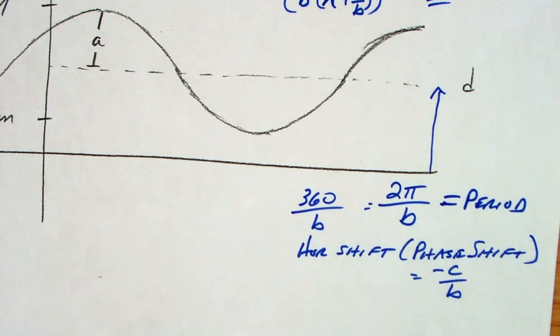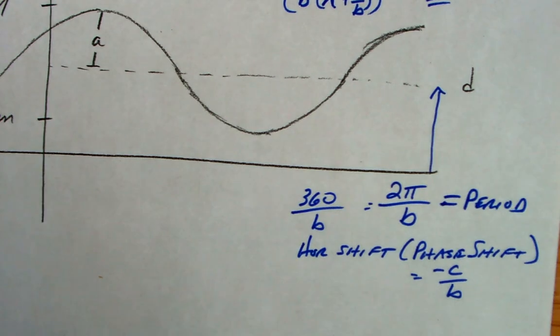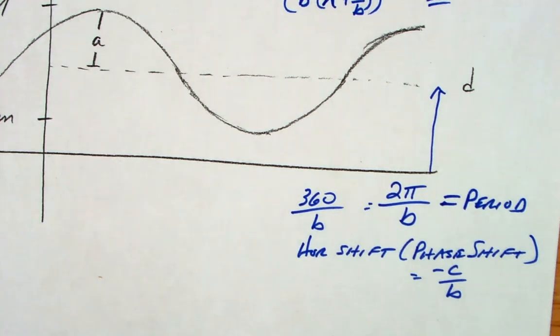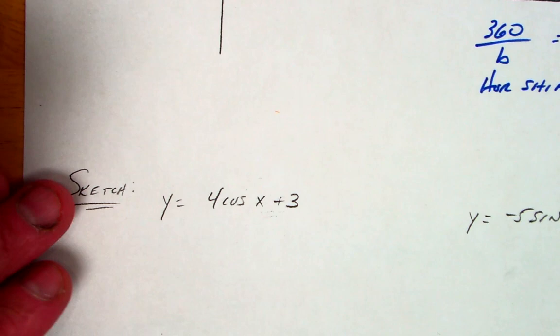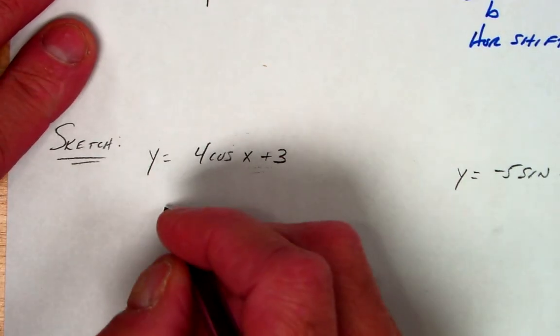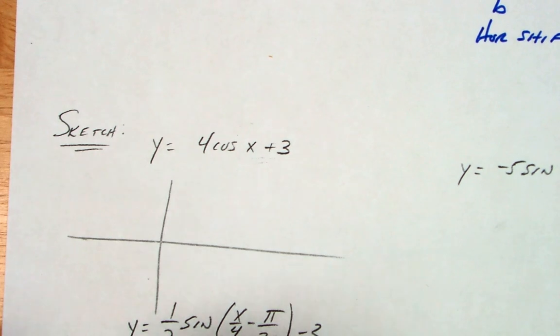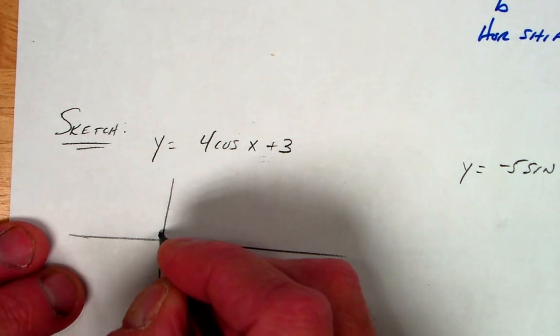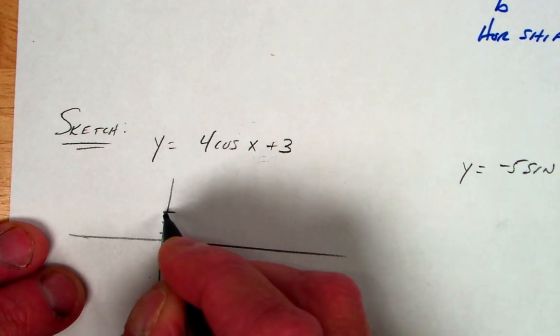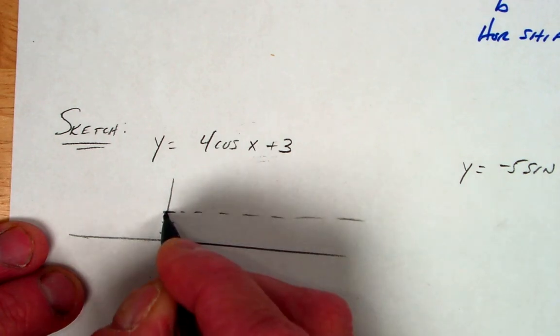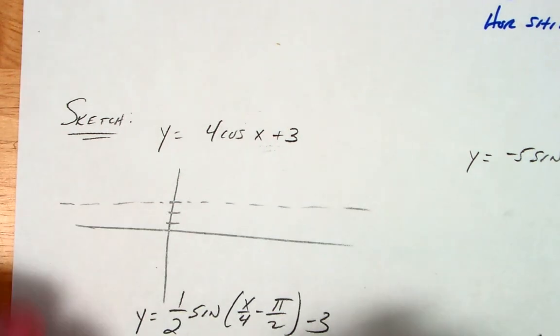So let's take a look at these 4 examples. We're going to sketch these out super quick. Okay. 4 cosine x plus 3. Tell me what you know about it. Amplitude is 4. Up 3. So my center line is up 3. 1, 2, 3. So I'm going to put my center line first.